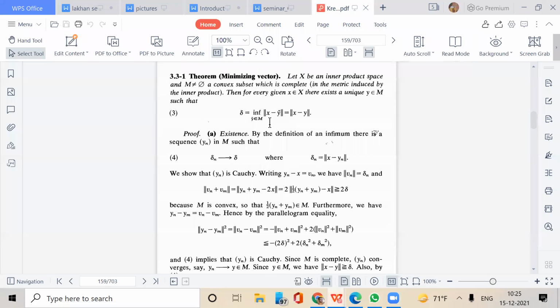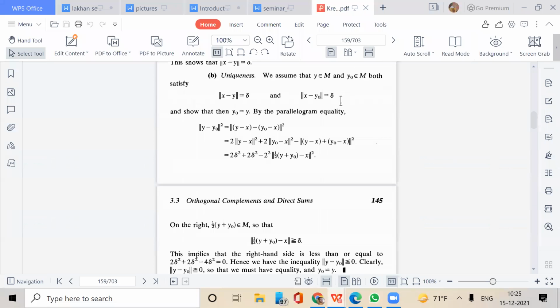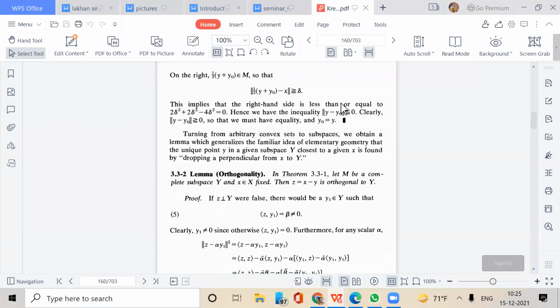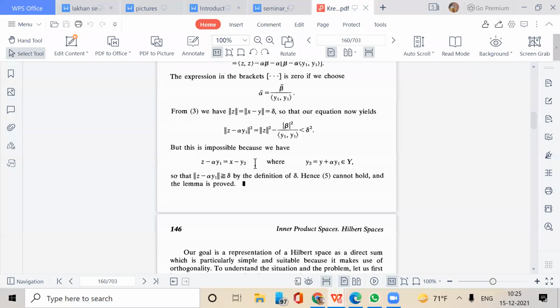You give this equation number anything, equation number 3 to this, and from that equation we get norm of z is equal to norm of x minus y is equal to delta.